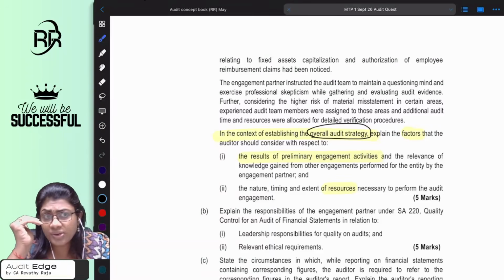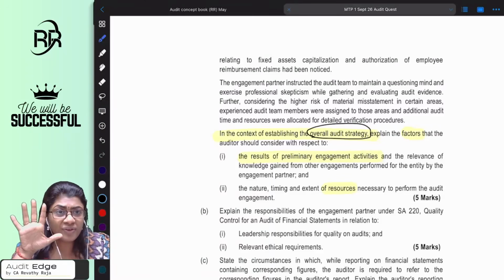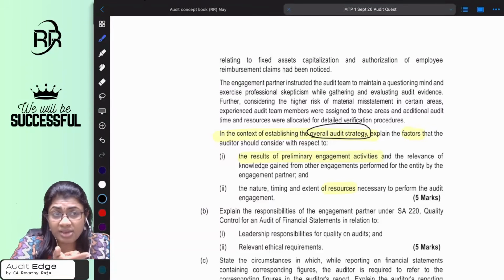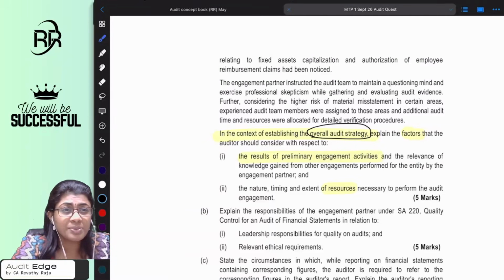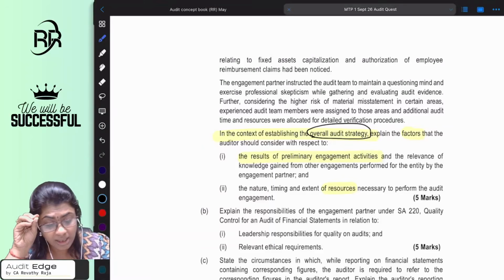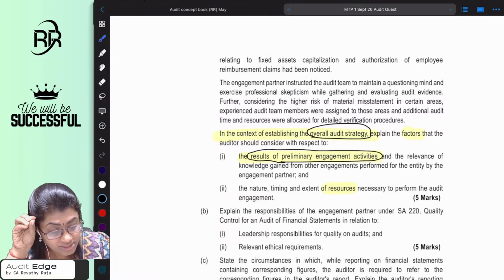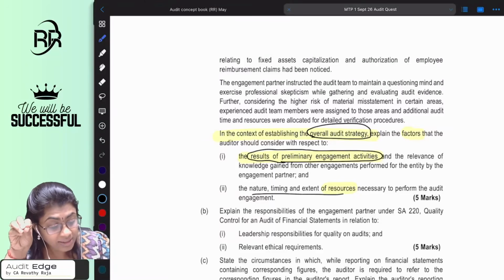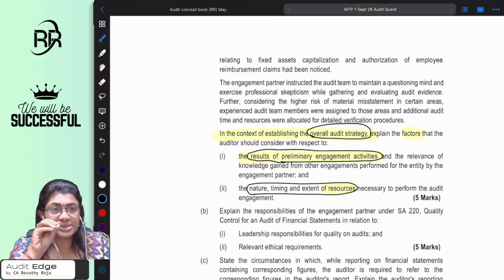So, audit strategy depends upon considerations of factors like characteristics of the engagement, reporting requirements like reporting objectives, team's effort, preliminary engagement activities, nature, timing, and extent of resources, etc. So here they are specifically asking about the results of preliminary engagement activities and the nature, timing, and extent of resources.